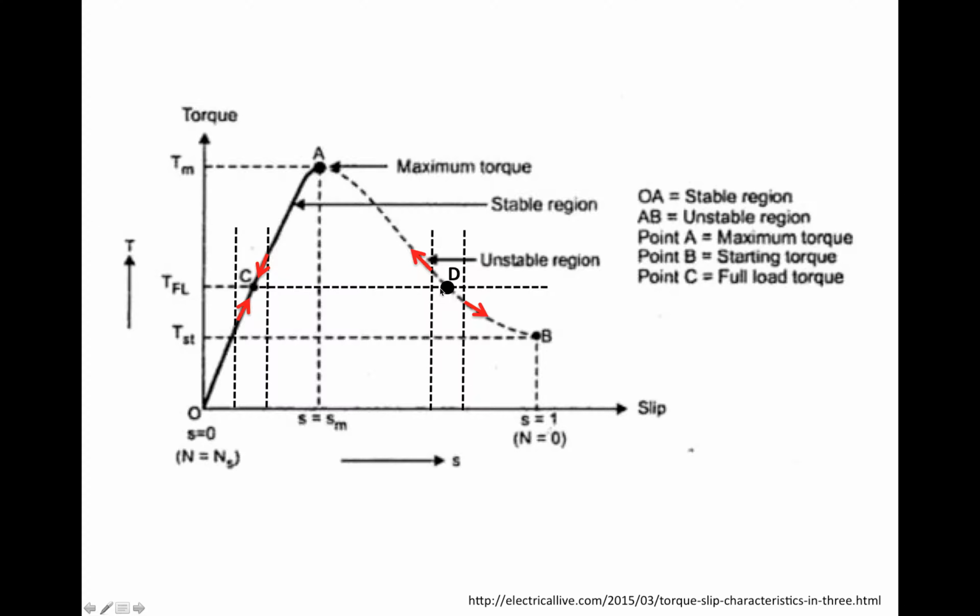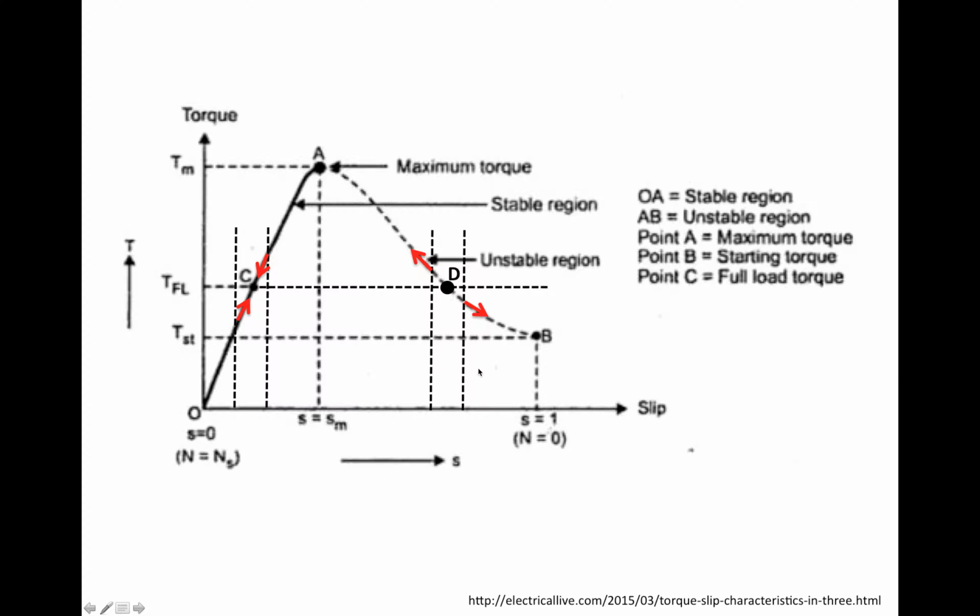The same analysis also applies to the generating mode. For the generating mode, you also have a stable zone along this curve, almost like a straight line, and then the unstable zone is going off the screen now. So in practice, we must always keep the induction machine inside the stable region.